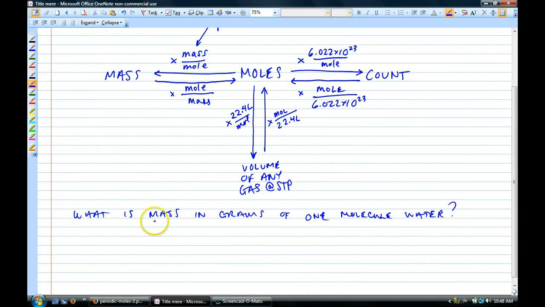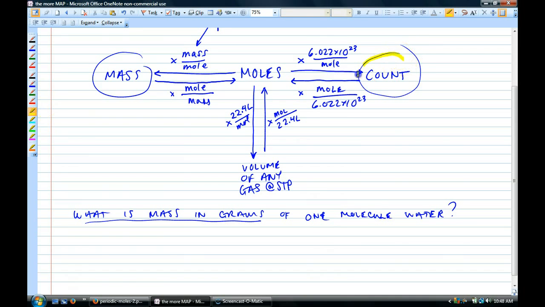So in this case, we're being asked about the grams, so we're being asked to go to this part of the diagram. And we're being given a count, 1 molecule of water, so we're starting here. That means we're going to have to convert from count to moles, and then from moles to mass.